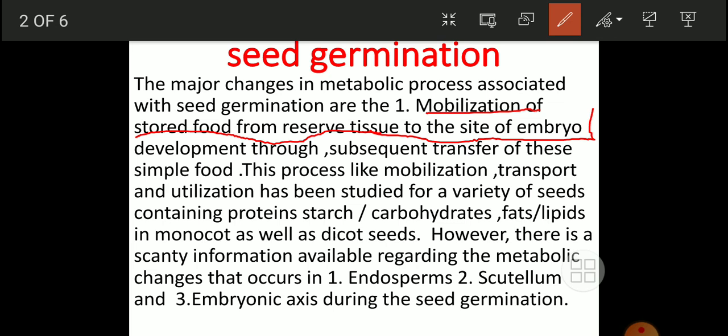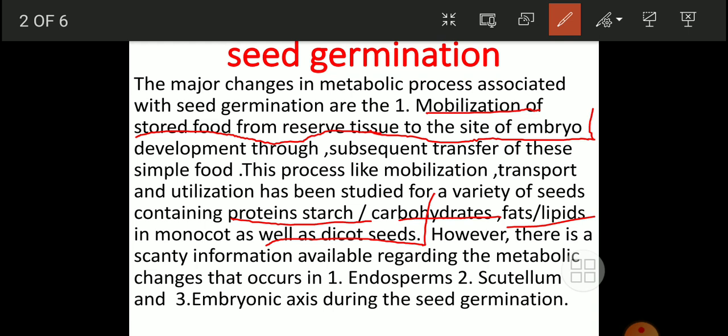So all food material is supplied to the developing embryo. Here, that reserve or stored food is in a complex form, which is converted into a simple form, isn't it? The complex forms of food material are nothing but protein, starch, carbohydrates, fats, lipids, in monocot as well as dicot seeds.